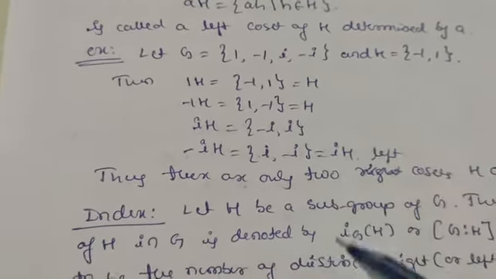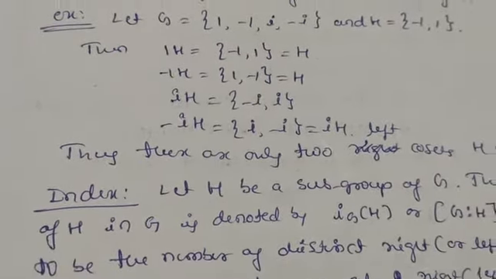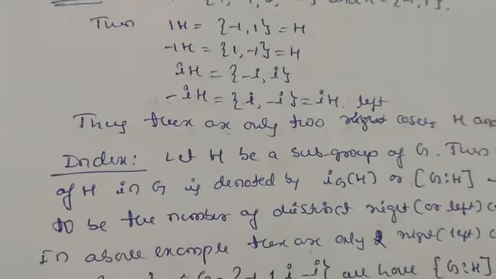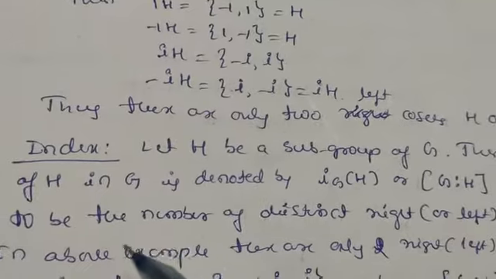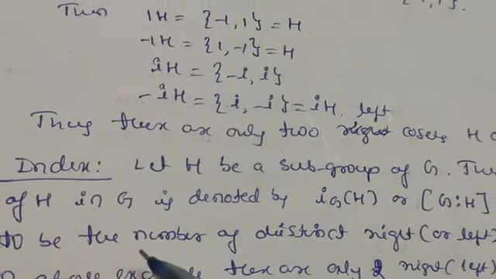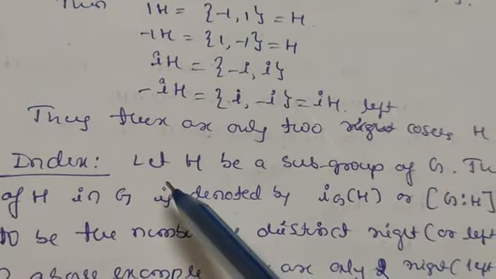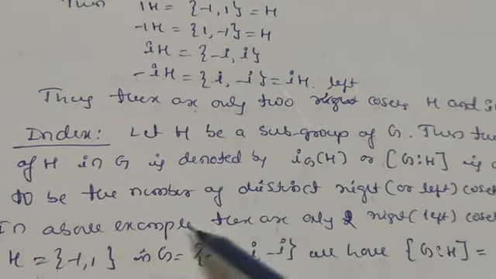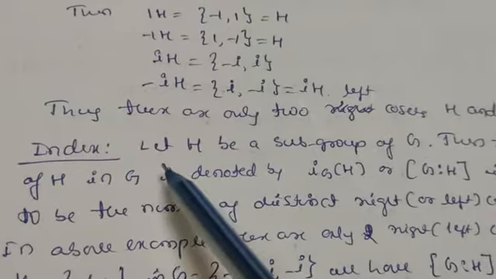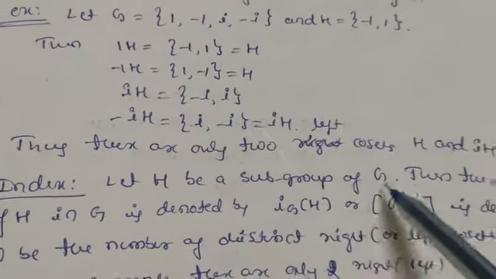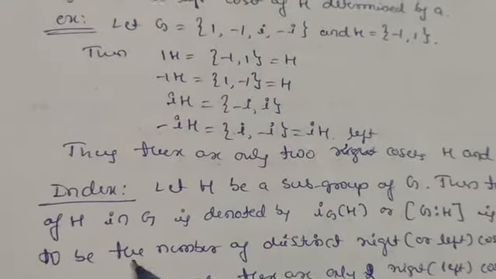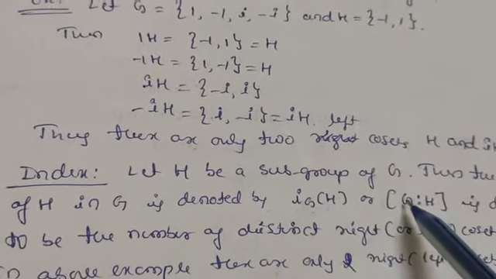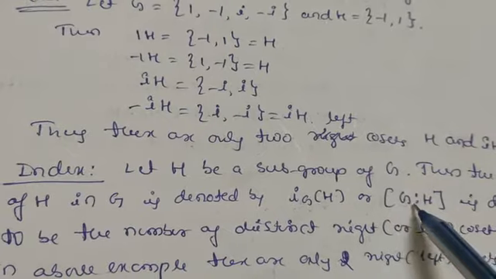So this is about the definition of coset. And there are two types of cosets, left and right cosets. Now let us take the definition of index. Suppose H is a subgroup of G, then the index of H in G is denoted by i_G(H), or this is [G:H].